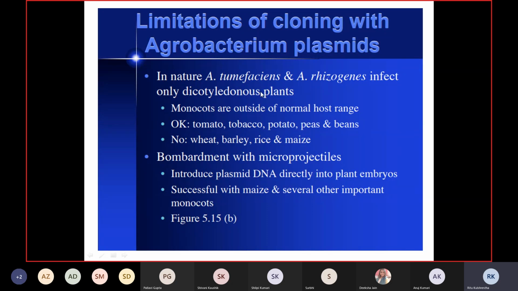So at that time it was considered that, wow, if you're working on dicots, it's not a problem. Agrobacterium will very beautifully transfer your gene of interest there. And people had to resort to particle bombardment, which was difficult with respect to the success rate also. But now many labs have started using these altered strains as well as vectors, which are pretty good for monocots as well.